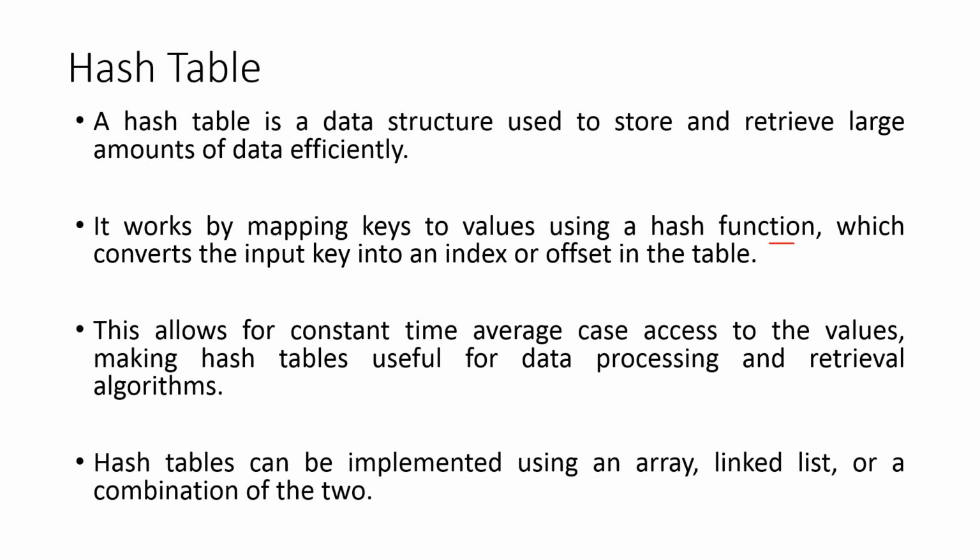This will be clear when I go to an example. This allows constant time average case access to the values, making hash tables useful for data processing and retrieval algorithms. Hash tables can be implemented using an array, linked list, or a combination of the two. So this is about hash table. Hope this much is clear.